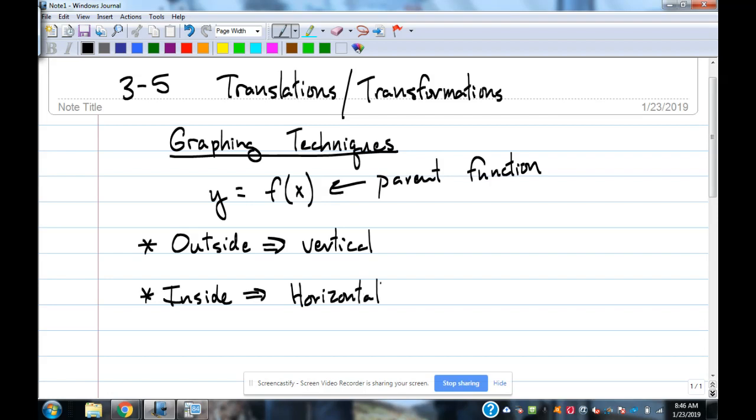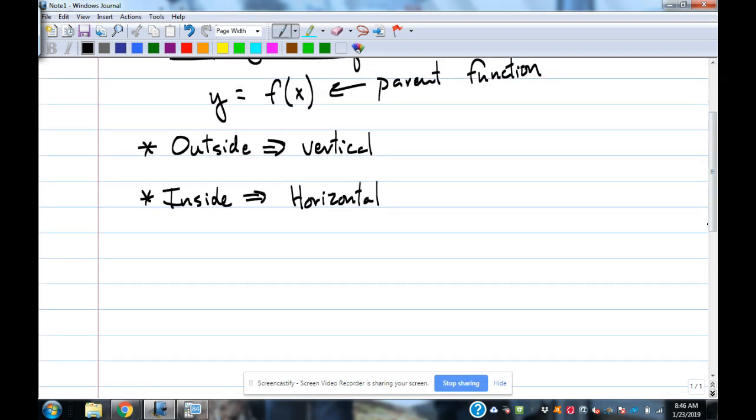If you keep those two things in mind as we go through all of these different scenarios: if it happens on the outside of the parent function, it's happening vertically. It's a shift or a stretch vertically. If it happens on the inside of that function, then it's a horizontal move. Outside is vertical, inside is horizontal. If you keep those in mind, it'll help you tie some of the things together as we go.